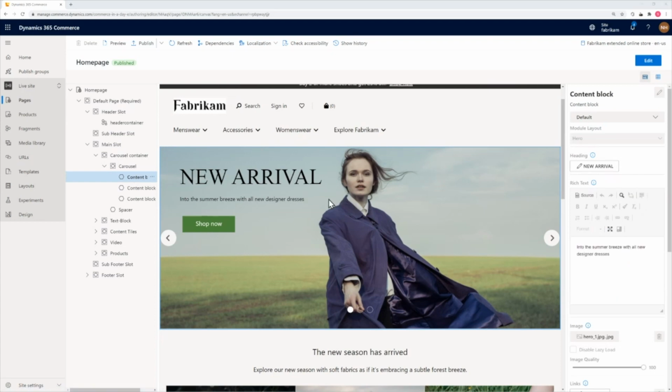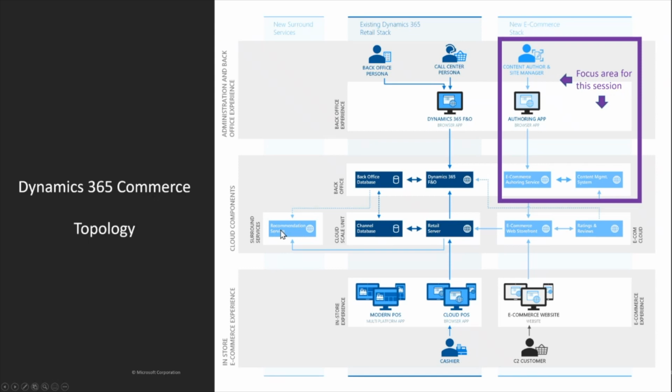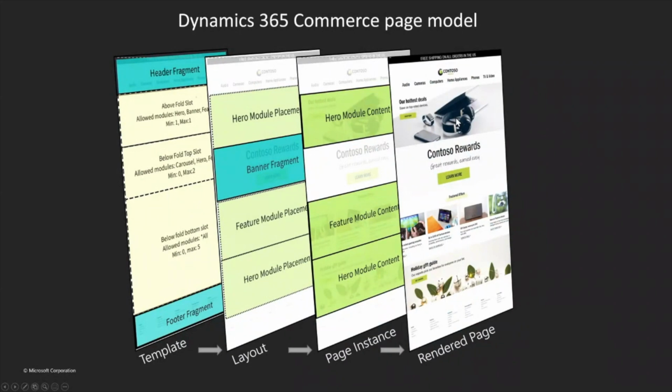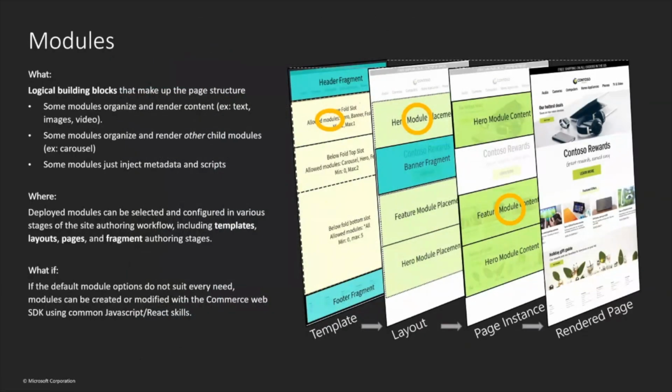So without further ado, let's go back to the presentation and talk about what goes into creating that rendered web page. We have several different entity types here that you'll notice a few terms. So let's go through these one by one and understand what the different pieces are that go into managing this page and site content. The place we'll start first is the term modules.